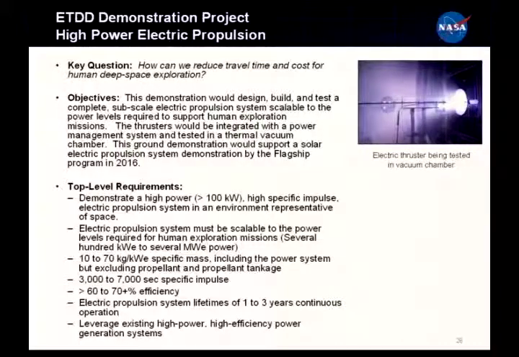The goal of this project is to provide the higher power electric thrusters that would be tested on a second generation version of that flagship solar electric propulsion mission. We'd like to develop high power electric thrusters that are scalable to the power levels we'll ultimately need for human missions. These are hundreds of kilowatts up to megawatts of power.